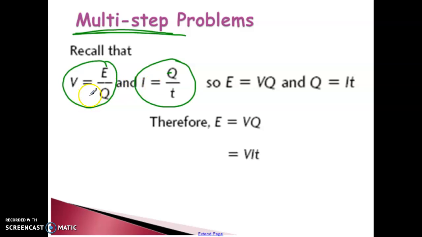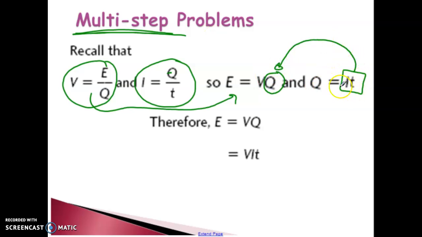So if you were to rearrange this, which we actually already did before, E is equal to V times Q. If you were to rearrange Q, Q is equal to current times time. So instead of this Q, they're plugging in what Q is equal to from the other formula.